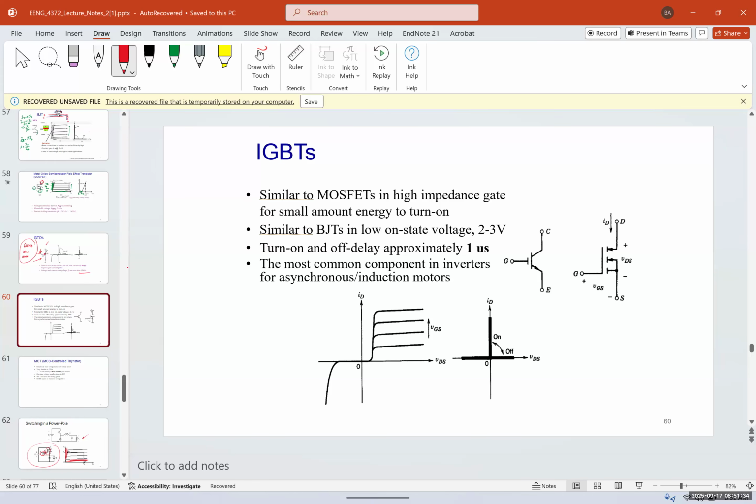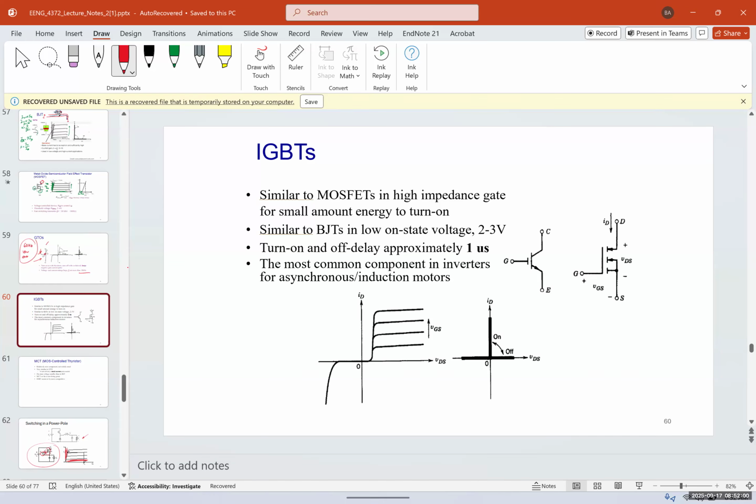The turn on and off delay is approximately 1 microsecond, which is great. The most common components in inverters for asynchronous induction motors and so on. So this is the most sophisticated one. It's a combination of MOSFET and BJTs, so it has the best of both worlds.